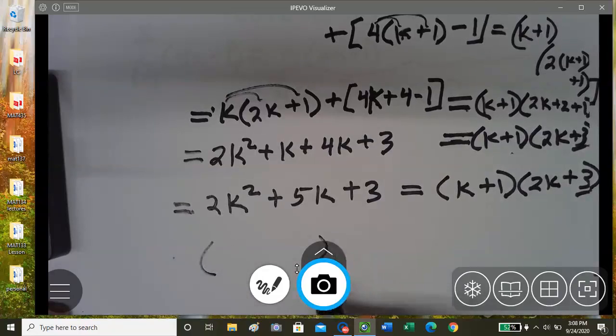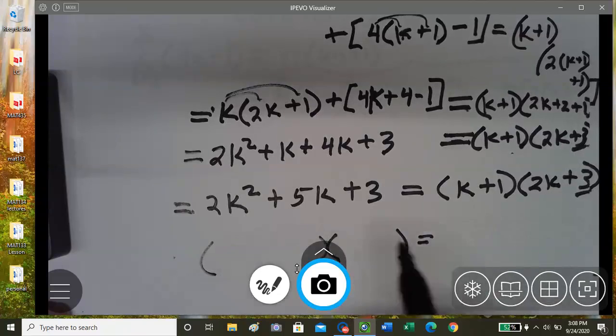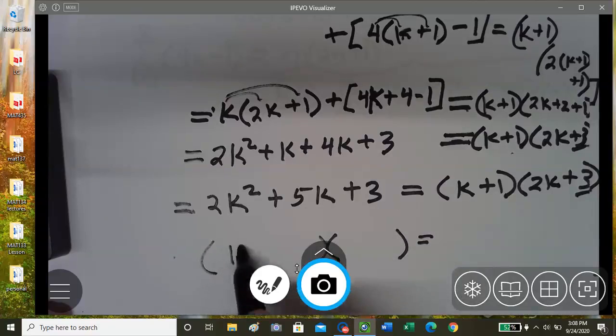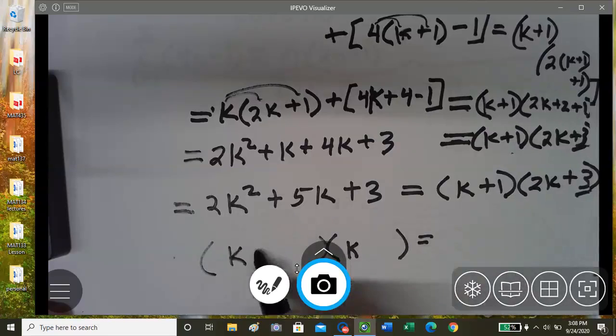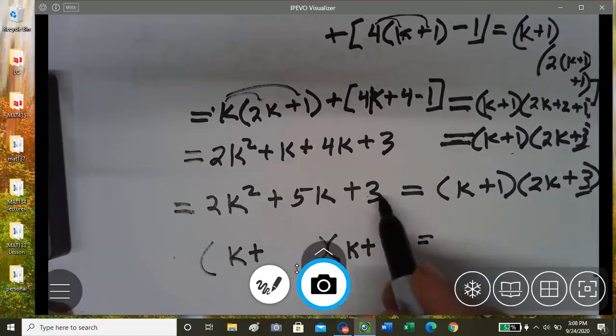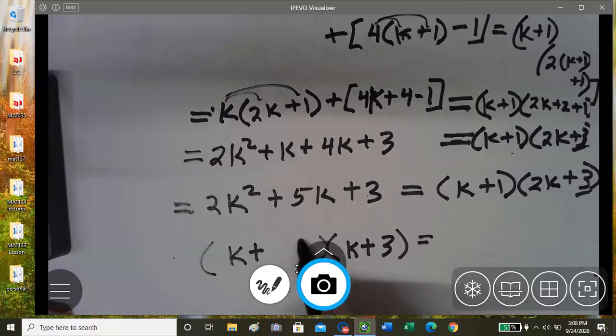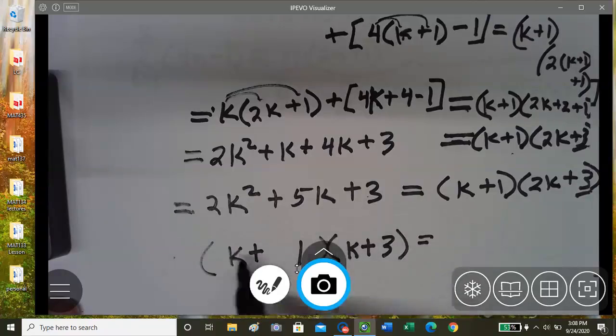So if we factor, and we put in our k, and we know our signs are going to be plus and a plus. Factors of 3 have to be 3 and 1. Factors of 2 have to be 2 and 1. So the only thing that we don't know is if 2 is here or here.